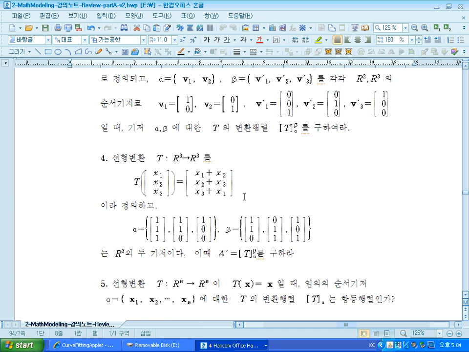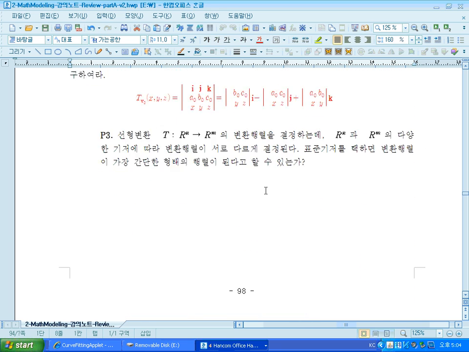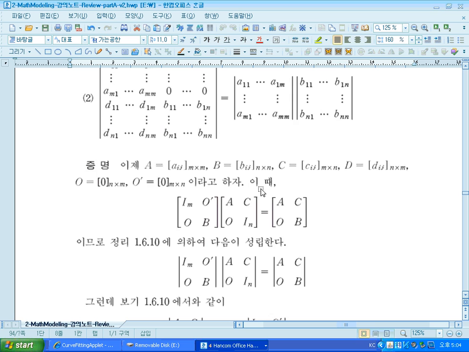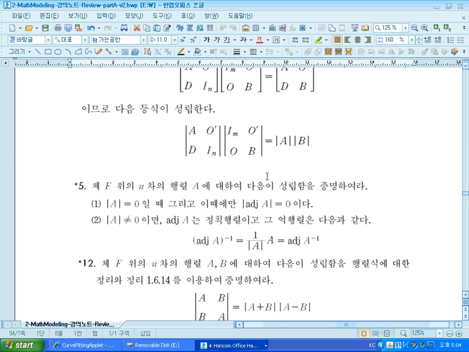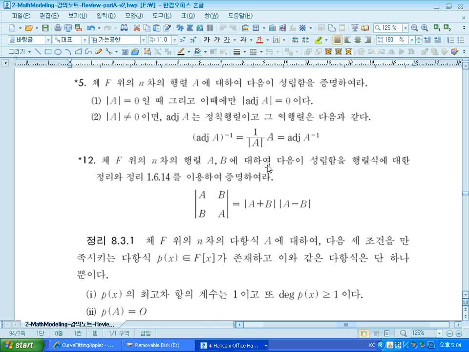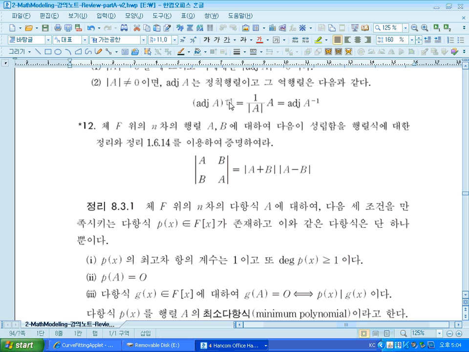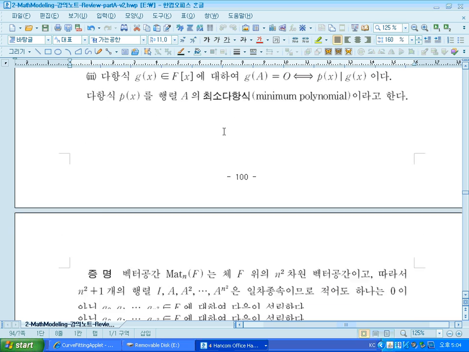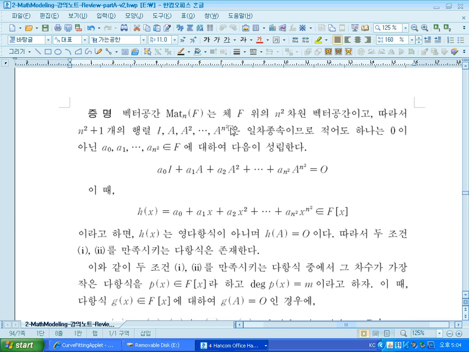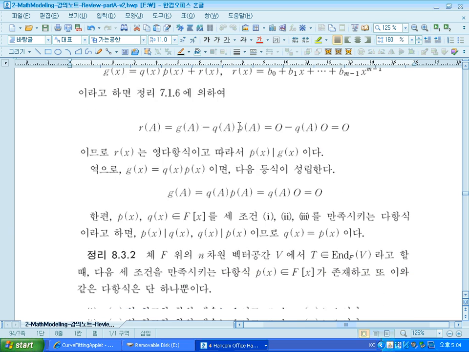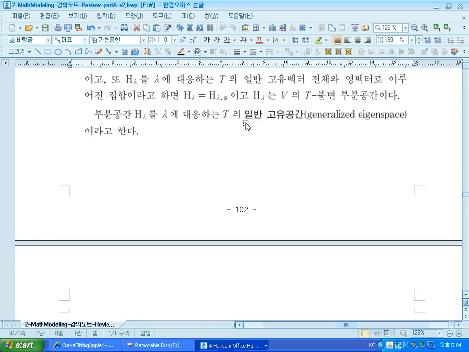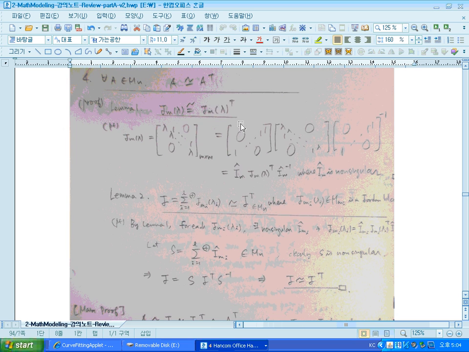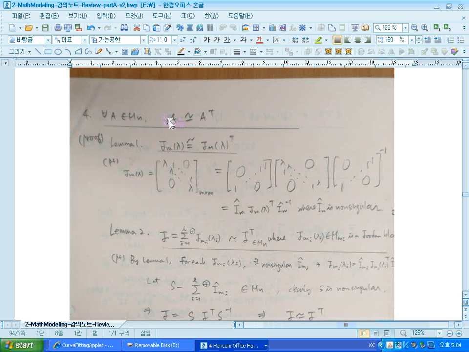Okay, next. There are many problems that you should know. You should be able to teach it to your students. And there are several other problems which you are familiar with, and you should know. And there's a concept of minimal polynomials and generalized eigenvectors. And you should know how to prove A is similar to A transpose.